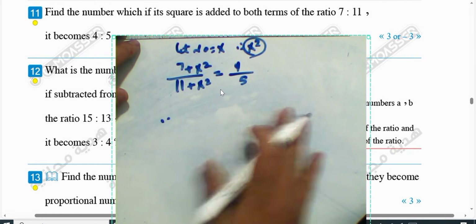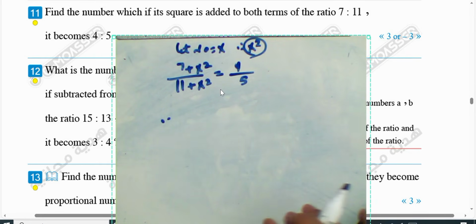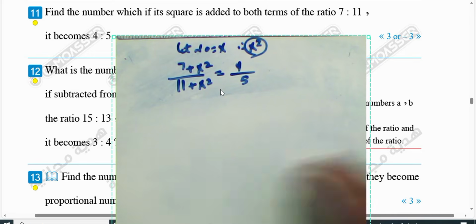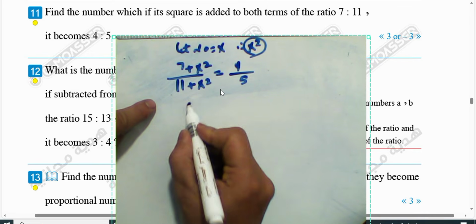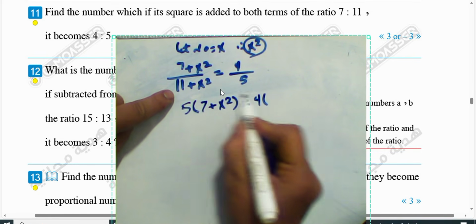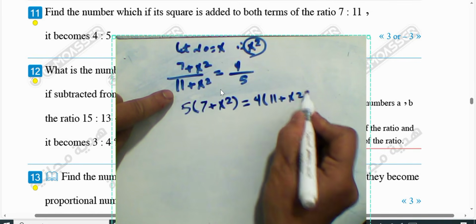Then we can use the rule: the product of extremes equals the product of means. Okay, we can simplify it. Right here, 5 times (7 plus x power 2) equals 4 times (11 plus x power 2).